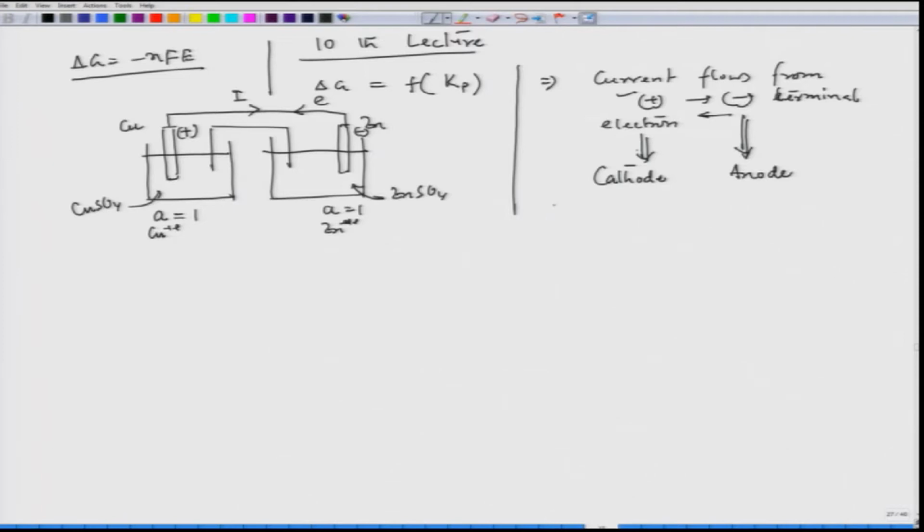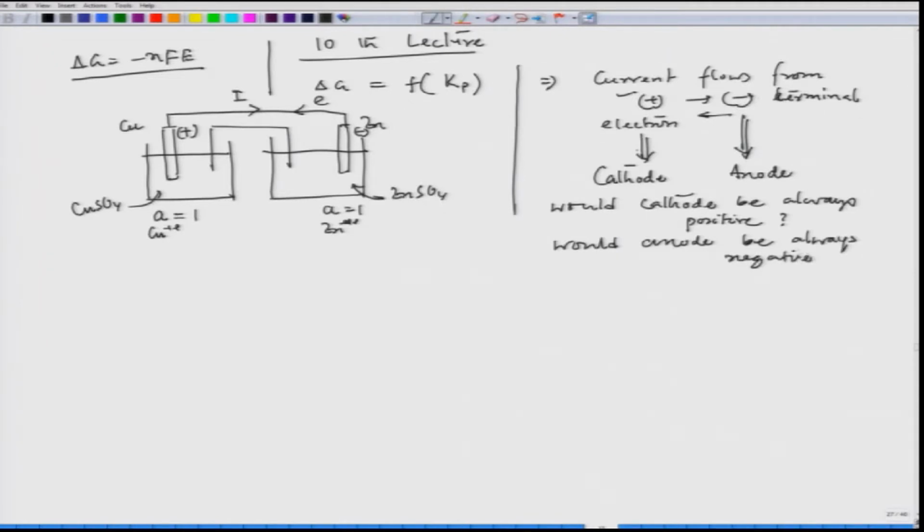So, the question is, would cathode be always positive or would anode be always negative? We have to answer this.